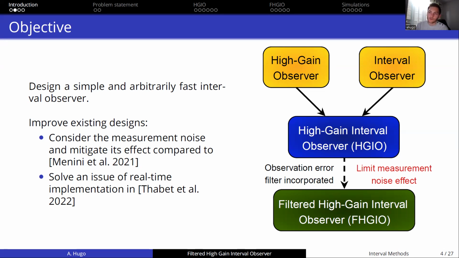There are also some other issues that have been treated, such as the real-time implementation issue that was happening in the mentioned paper. It was due to the change of coordinates; we will see why we use a change of coordinates and what is new in this one.